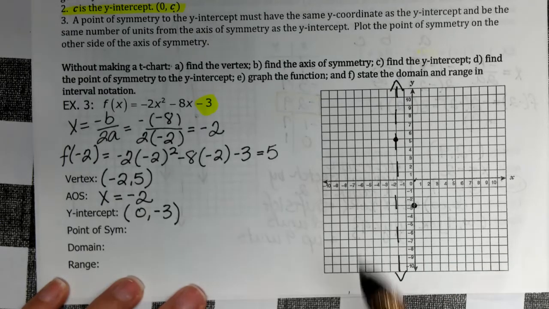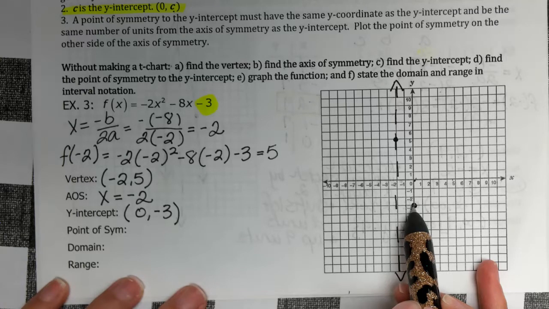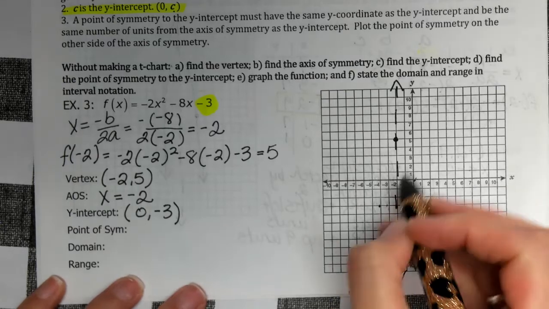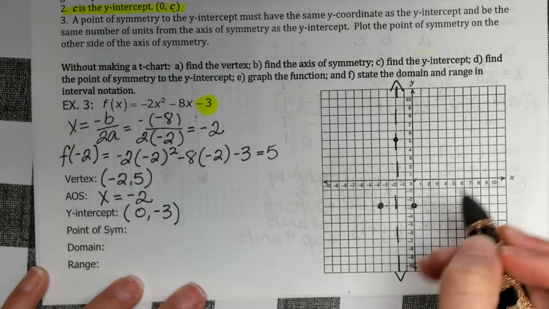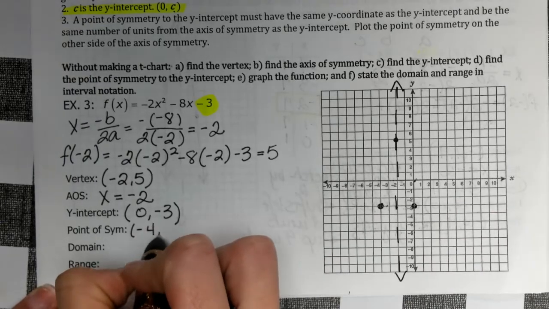That cuts it in half. So if my y-intercept is 2 points to the right of my axis of symmetry, where do you think my point of symmetry is? 2 points to the left. So you're going to use that axis of symmetry, count the points, and you create your point of symmetry, which is at negative 4, negative 3.